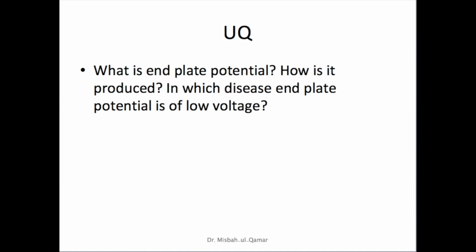End plate potential is produced when acetylcholine-gated channels open due to the arrival of nerve action potential. So there is a sudden sodium influx into the muscle fibers which causes membrane potential to rise in the positive direction.